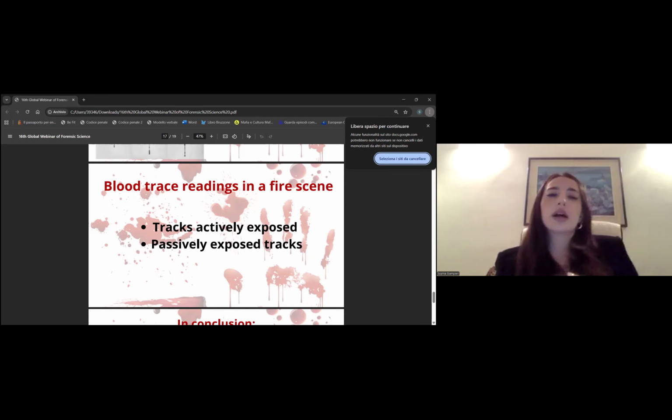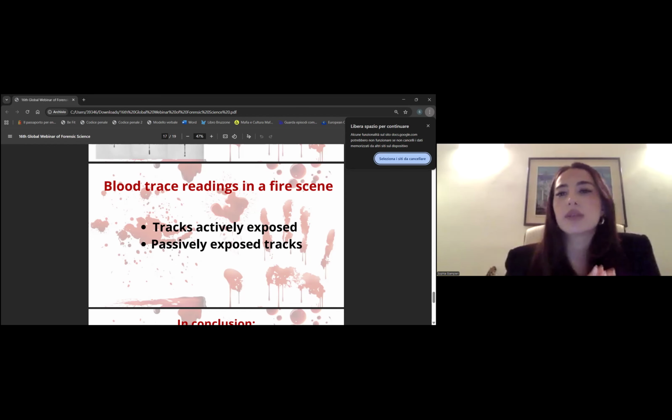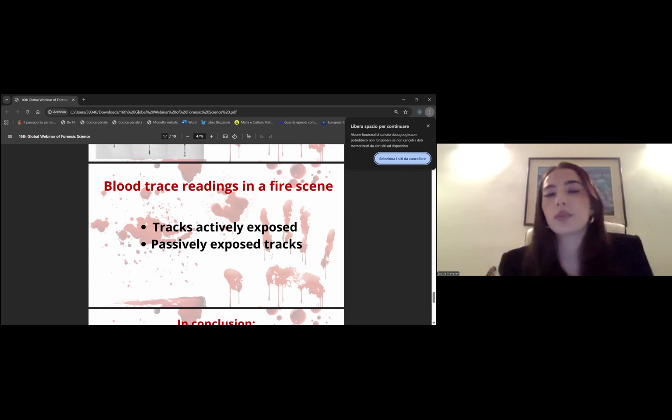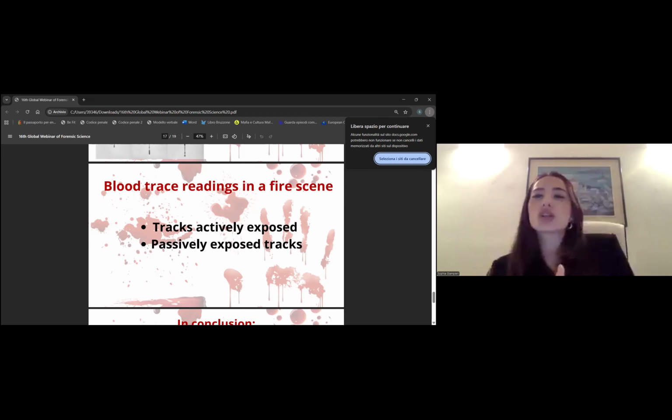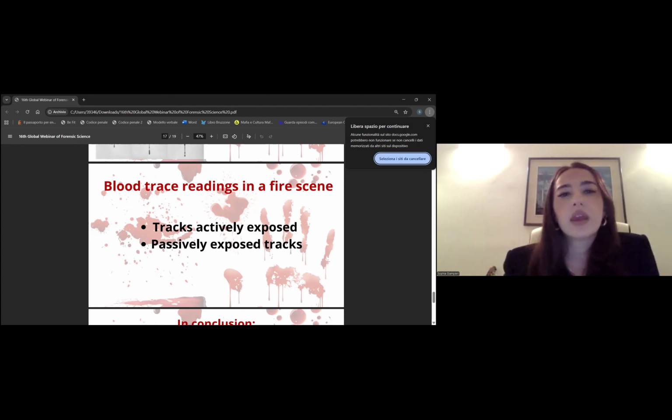Impact angle and area of origin measurements were conducted using a special software called FARO Zone 3D Expert software. And despite physical changes due to exposure to extreme temperatures, some characteristics of the original bloodstain persist. Impact angle calculation showed minimal deviation between pre- and post-fire measurements, with standard deviation generally less than 2 degrees.